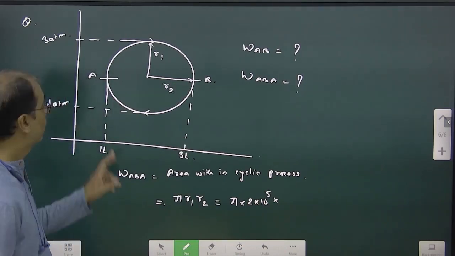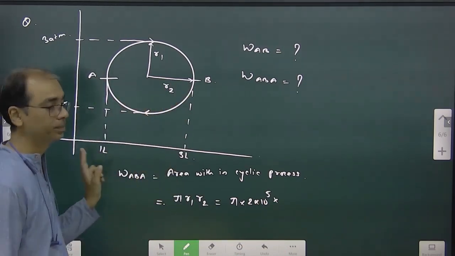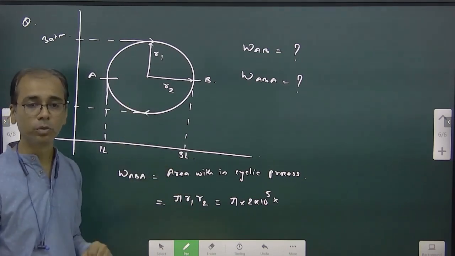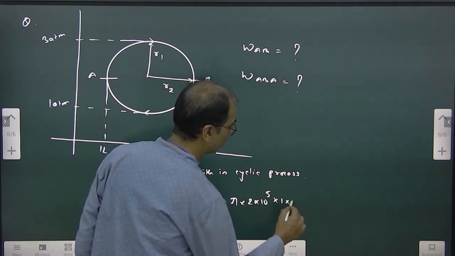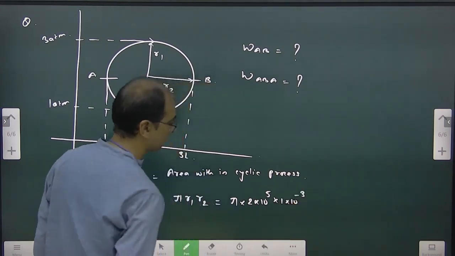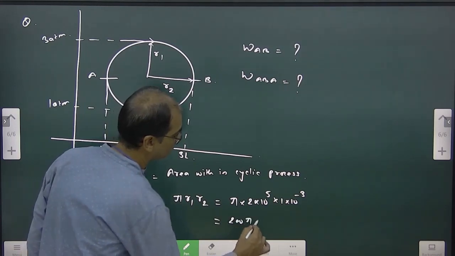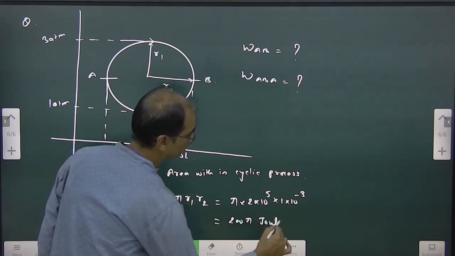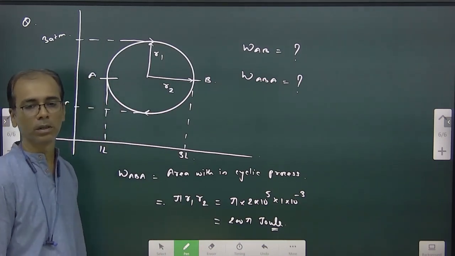Then R2. R2 is this. So see, this diameter is what? 2 liter. 2 liter by 2. That means 1 liter. So 1 into 10 to the power minus 3. What we are getting then? 200 pi joule.